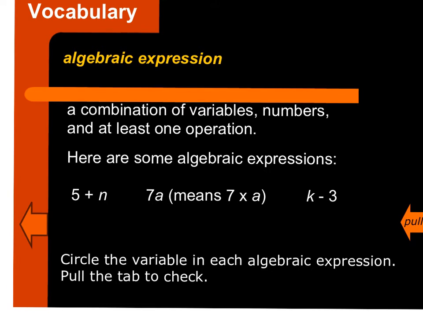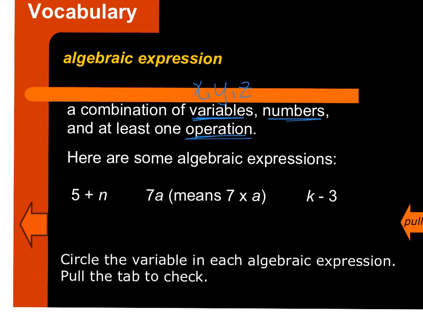An algebraic expression is a combination of variables, numbers, and at least one operation. When we talk about variables, most times we're going to be talking about x, y, or z, but for that matter, it could be any letter of the alphabet.